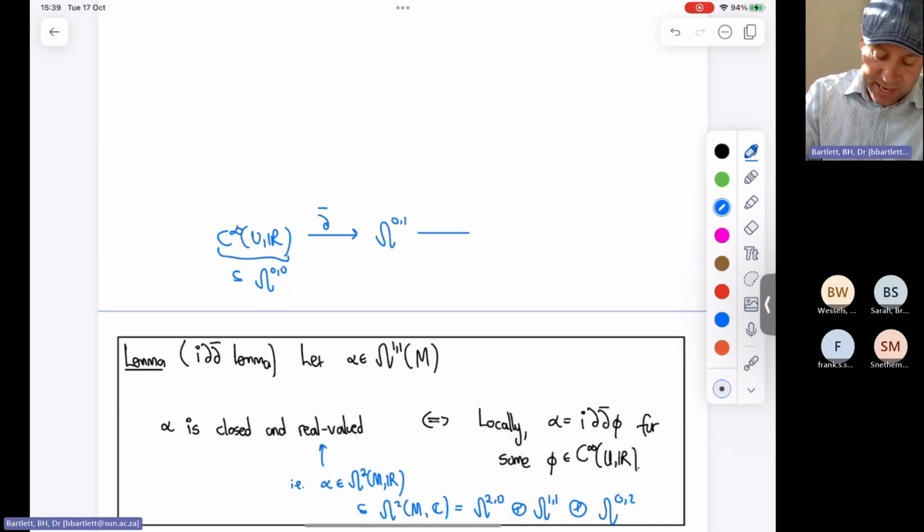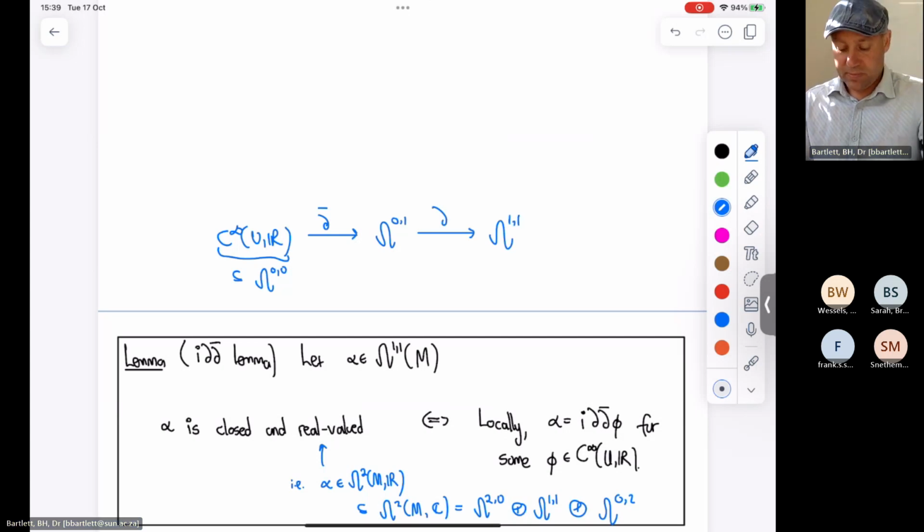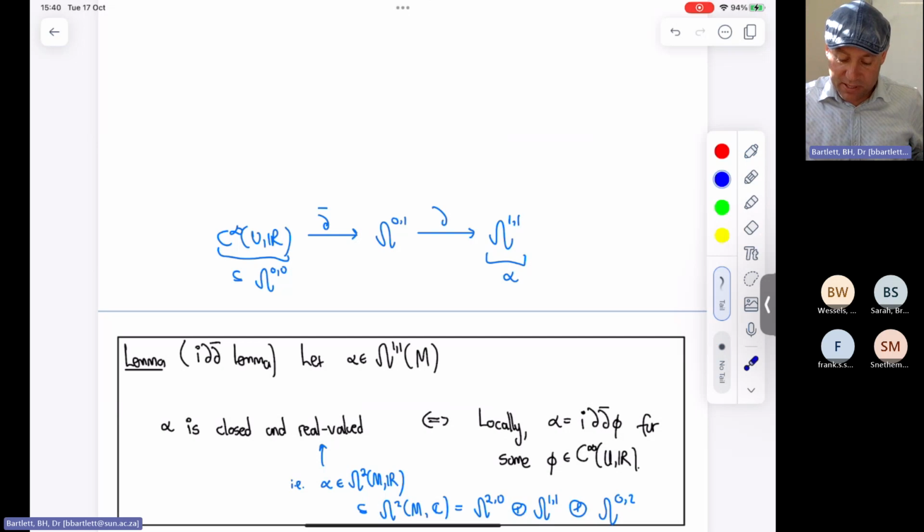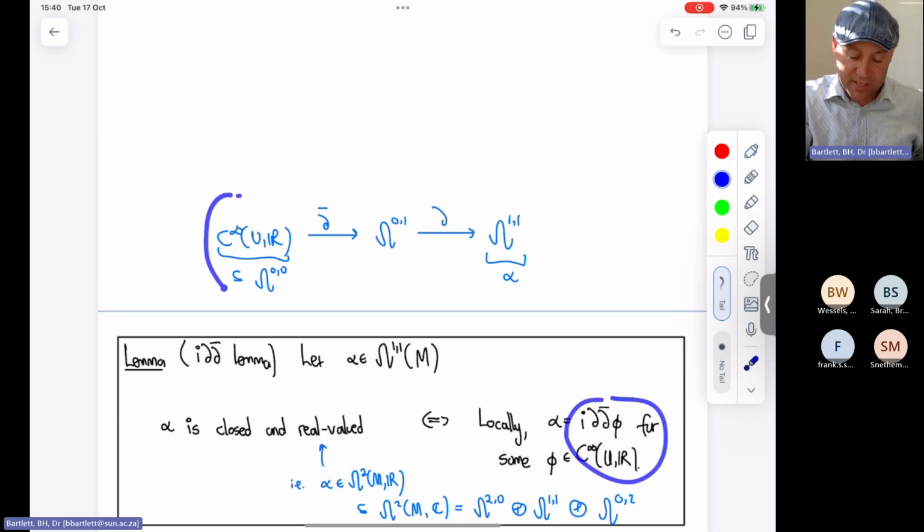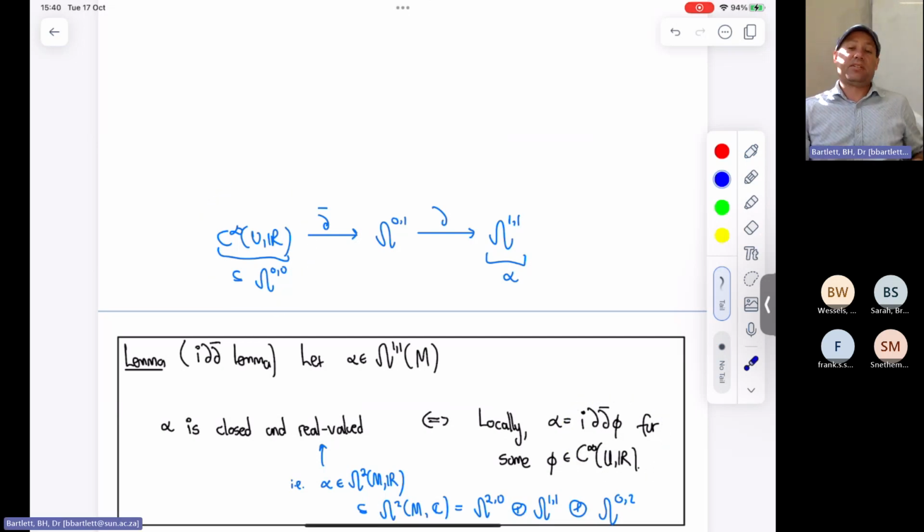And then I apply del to that, I'm going to get a (1, 1) form. And the claim is that if you start off with something here that is closed and real valued, then it can be written as i times del del bar phi for some phi living here. So it's like a double derivative.